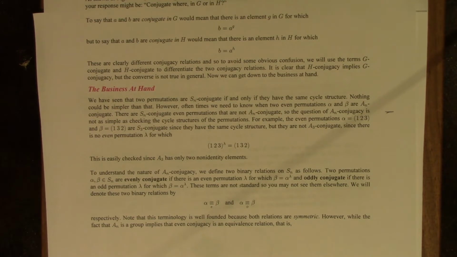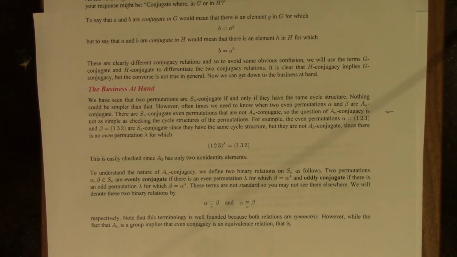But oftentimes, we will need to know when two even permutations are An conjugate. There are Sn conjugate even permutations that are not An conjugate, so the issue is a little more complex here. So the question of An conjugacy is not just a simple matter of looking at cycle structures.